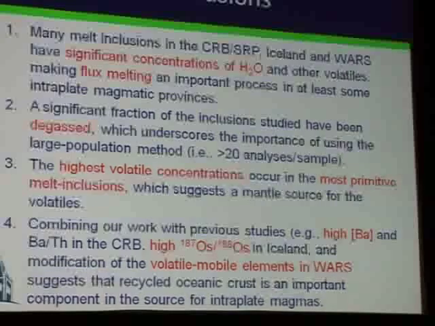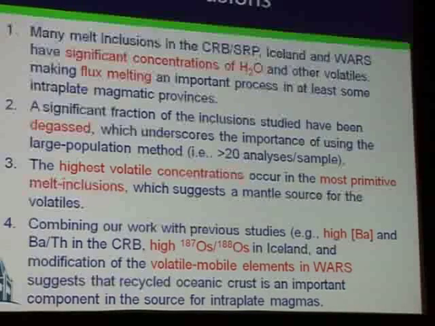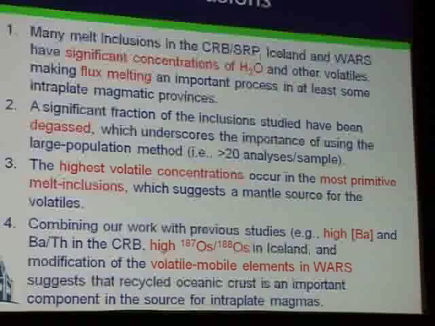So flux melting is actually quite important in all of these 3 areas we've looked at. So the upper mantle has to be quite rich in water. Thank you very much.